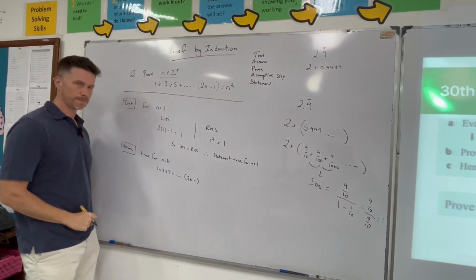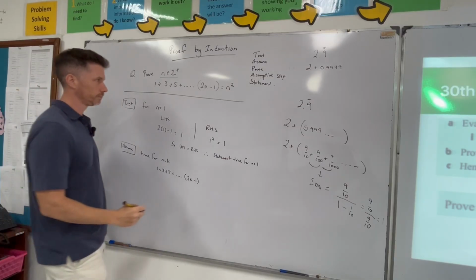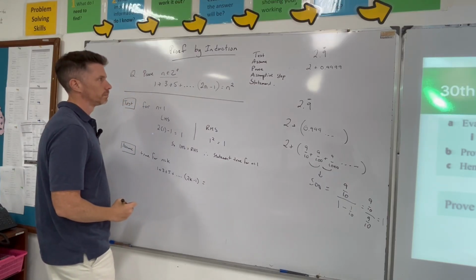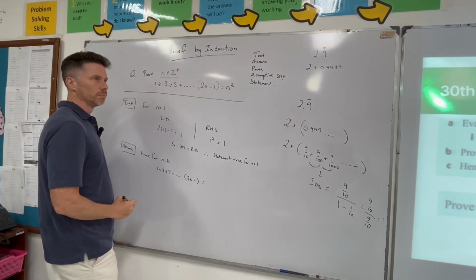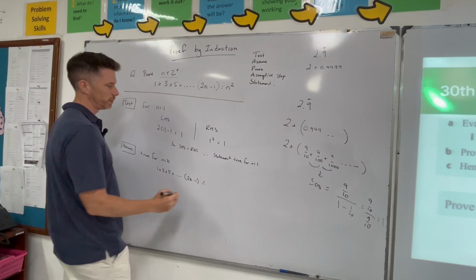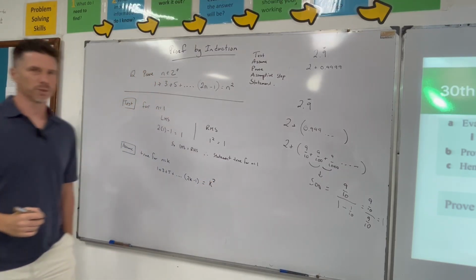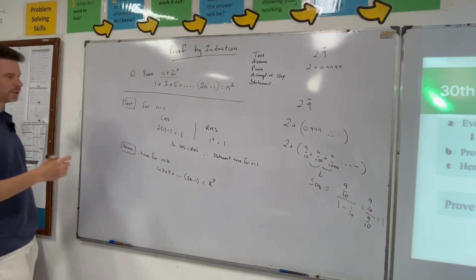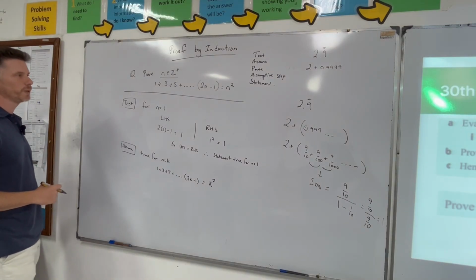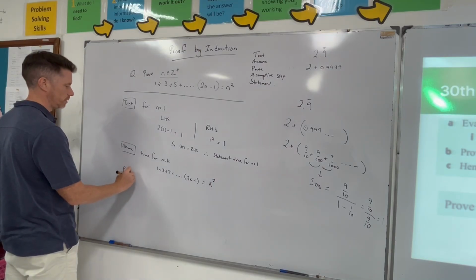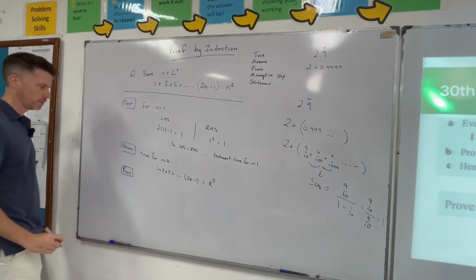But then is the formula just 2n minus 1, or is it 2n minus 1 plus 2n plus 1? We'll come to that. For now, you're going to be confusing people, but we can come back to that. Okay, so we're assuming it's true for this, and then we're going to prove it's true for the one after k.